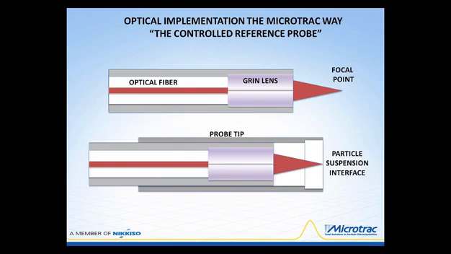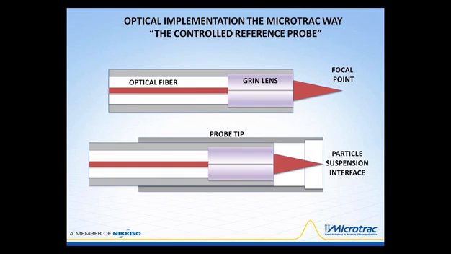These components are very simple cylindrical components, and they can be assembled in a holder, and the alignment is then frozen in place. The alignment being just that two surfaces are brought together and held there in a sleeve. That becomes our controlled reference probe.